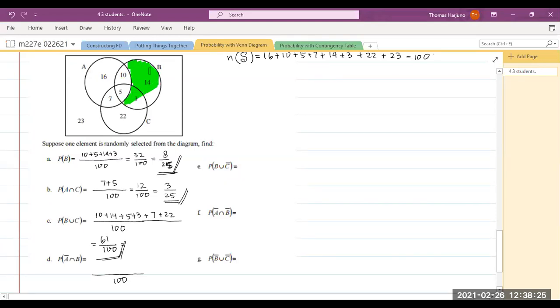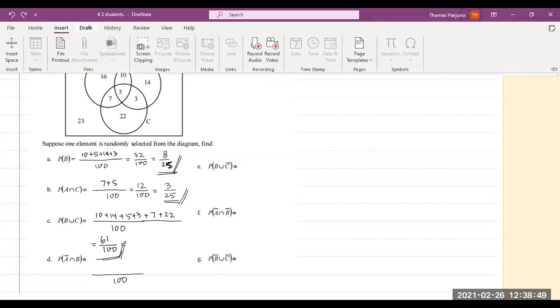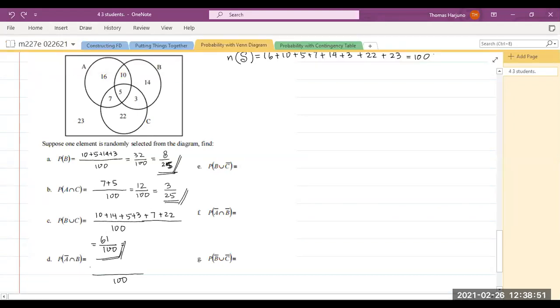So it has to be outside of A, first of all, and at the same time, it has to be inside of B. So it refers to this 14 and 3. There are 17 elements outside of A and at the same time inside of B. So that will be 14 plus 3, that's 17 over 100. That's the simplest form.